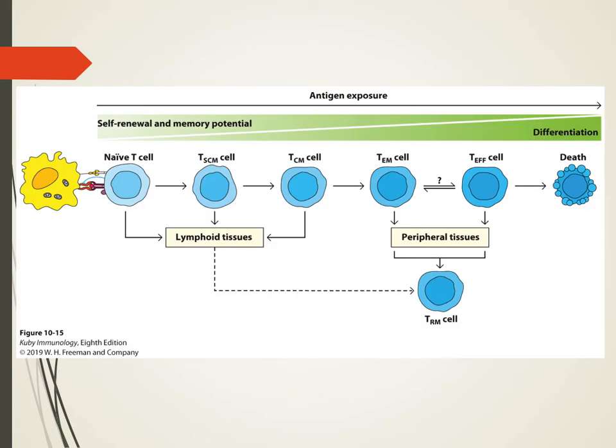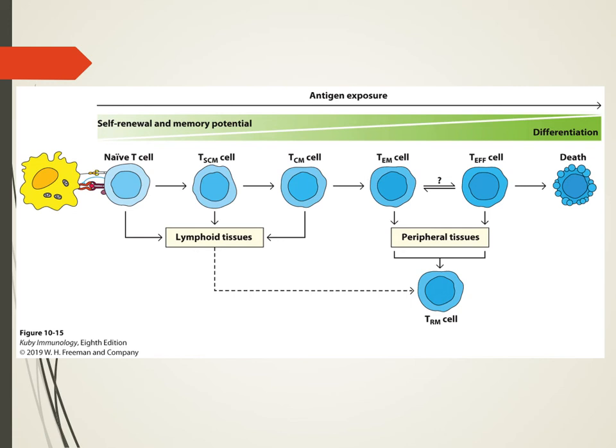So again, if we look at these memory populations and their ability to differentiate, it would be the stem cell-like one in the central memory, found in the lymphoid tissues, that would have the most potential to become different subsets and different types of cells.